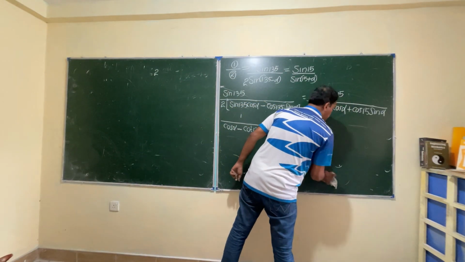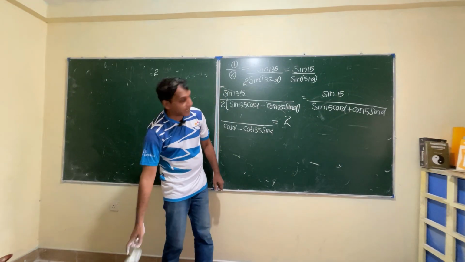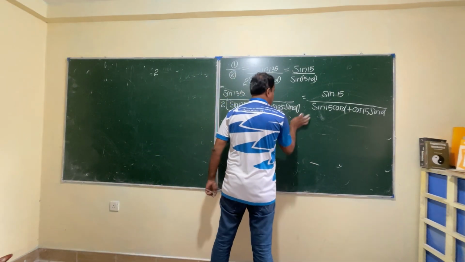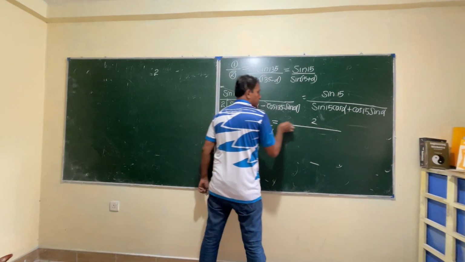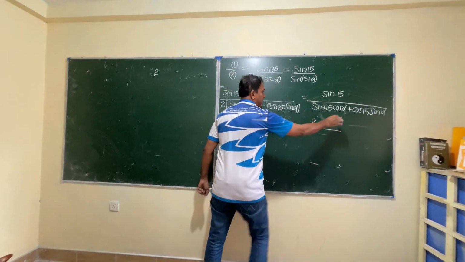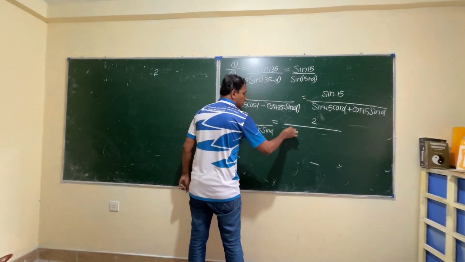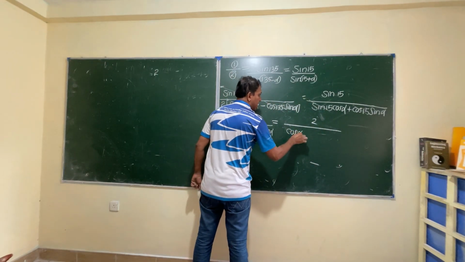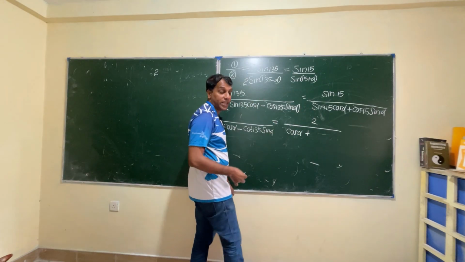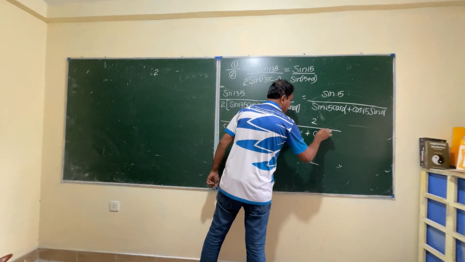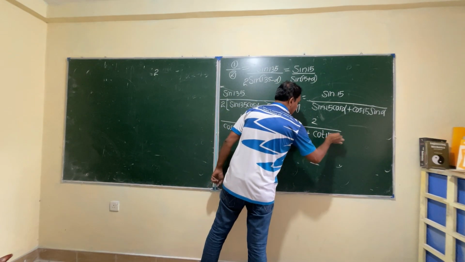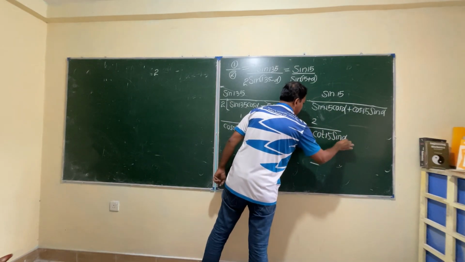Up and down, divide by sine 15. Then it becomes 2 over, sine 15 cancels. Okay. So cos alpha plus cot 15, right? Cot 15 into sine alpha.